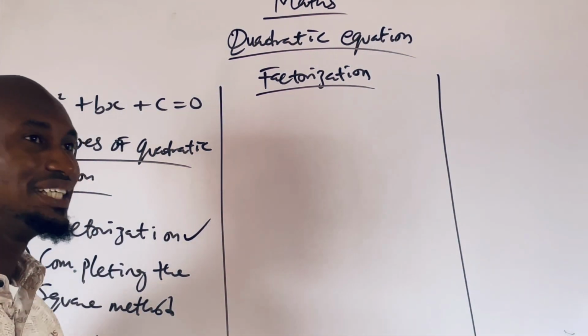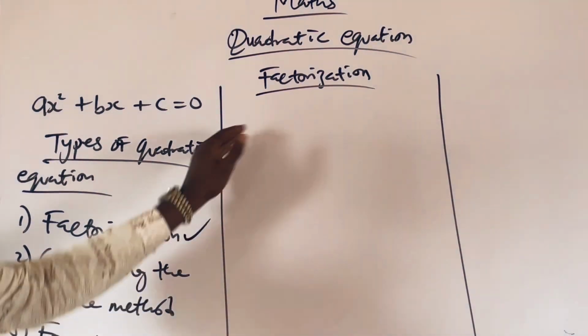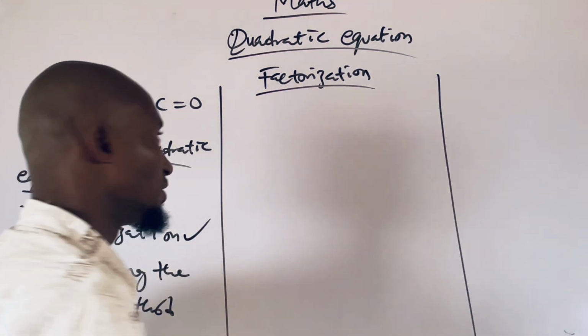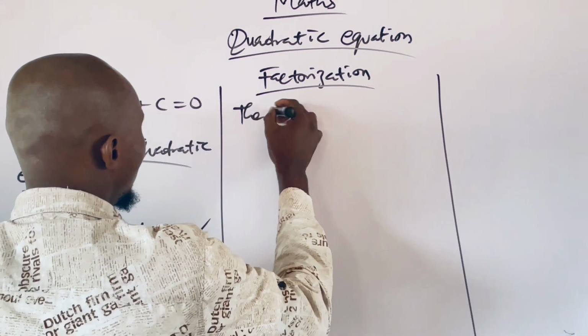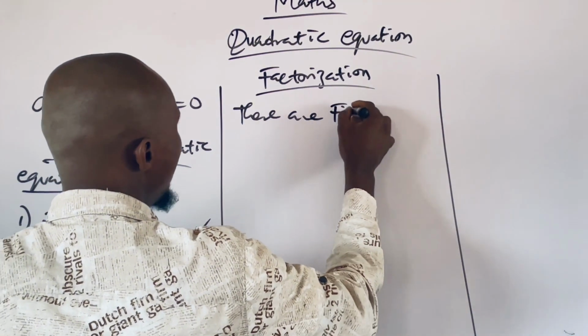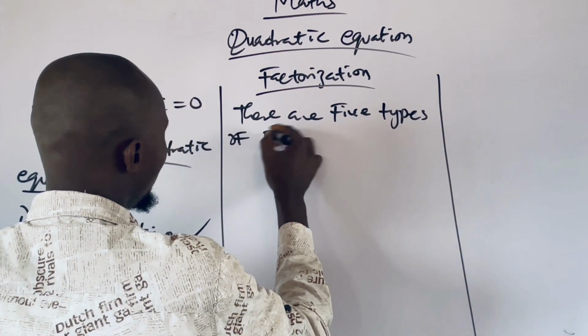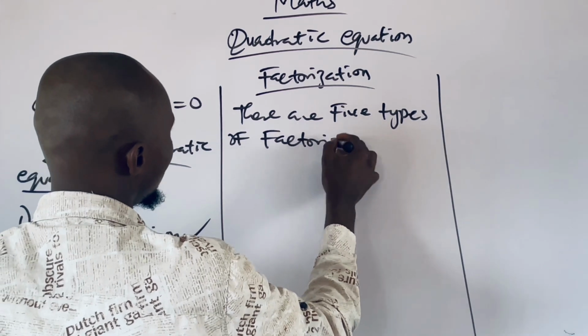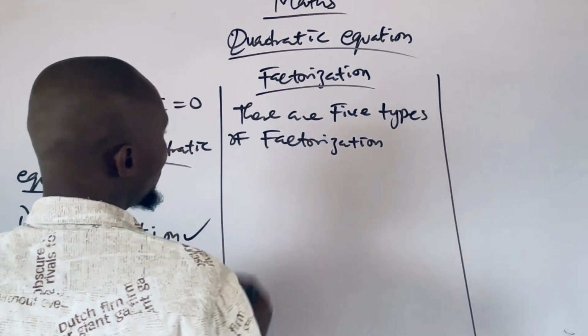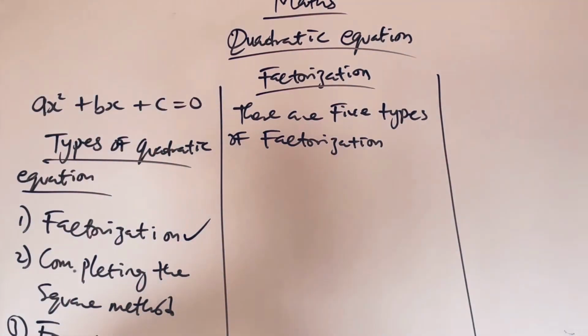So now, there are 5 types of factorization. I know you may be surprised to hear this. There are 5 types of factorization.